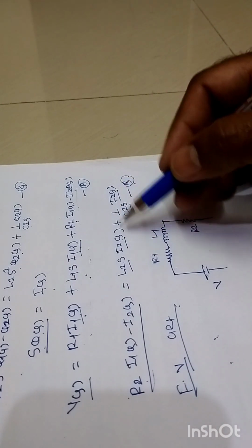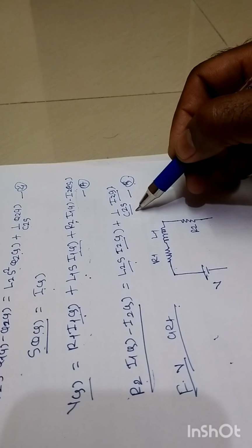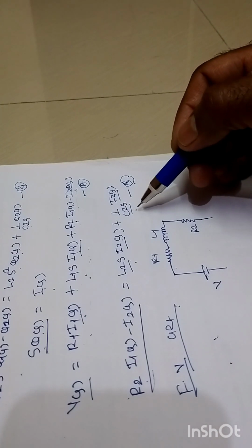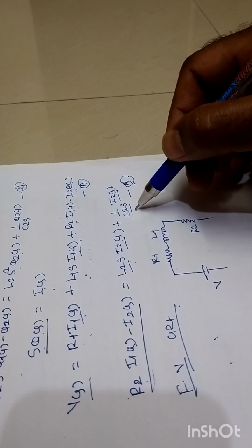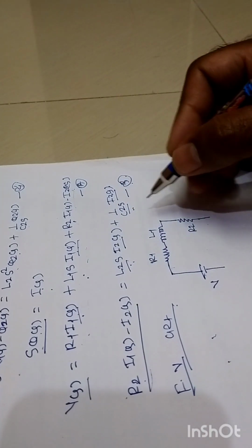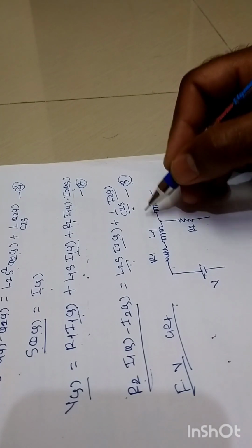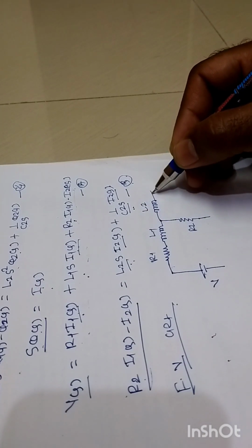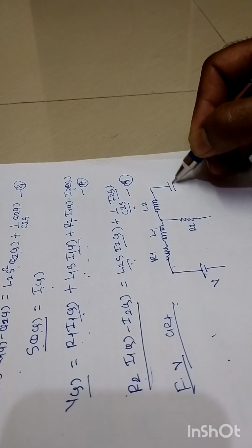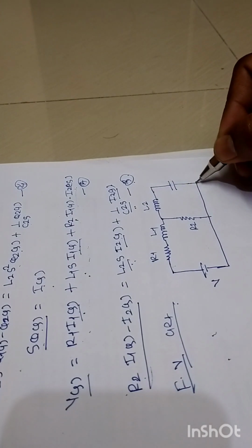Means the same current flows through this L2 as well as 1 over C2. That is nothing but elasticity, or in graphical manner we can call it C2, right? So there will be a circulation of I2 through this L2 as well as C2. So that's why these two components are connected in series form, right? So this will be L2, and this will be the C2. So in this way the force voltage analogous circuit is to be drawn.